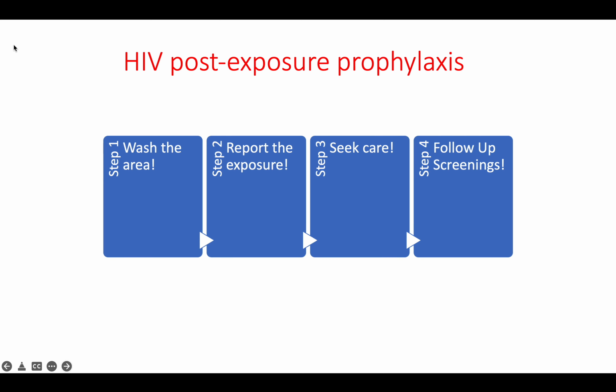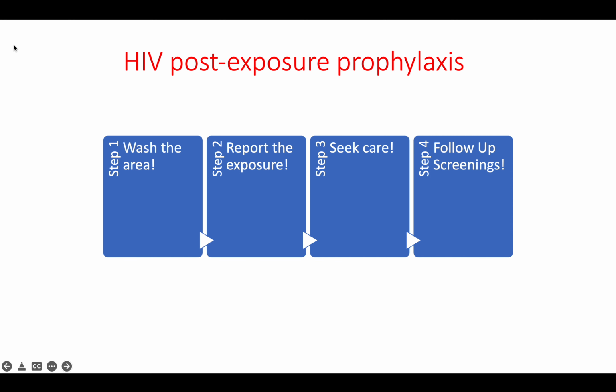Knowing that we're in healthcare, what is it that we should do if we are exposed? We have something called post-exposure prophylaxis that we use in healthcare to help mitigate that transmission. The first thing we need to do is wash the area. Then we need to report the exposure, seek care for that, and then complete follow-up screenings.